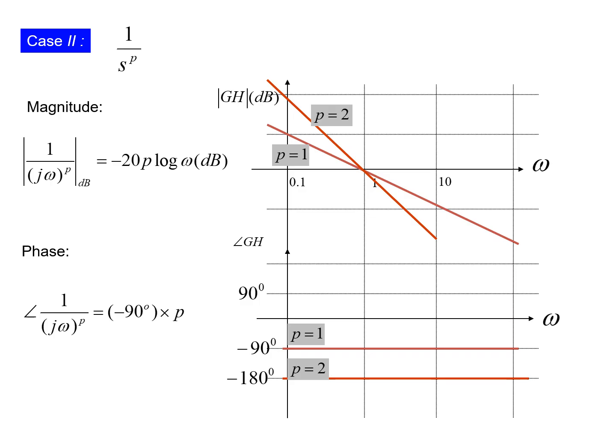If we see, for p equal to 2 it is the plot of the magnitude, and if p equal to 1, it is the plot.